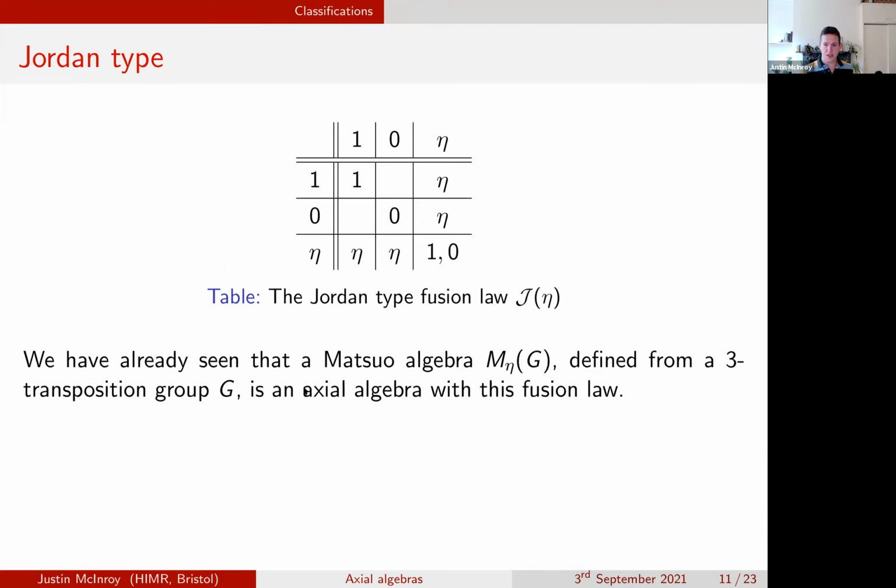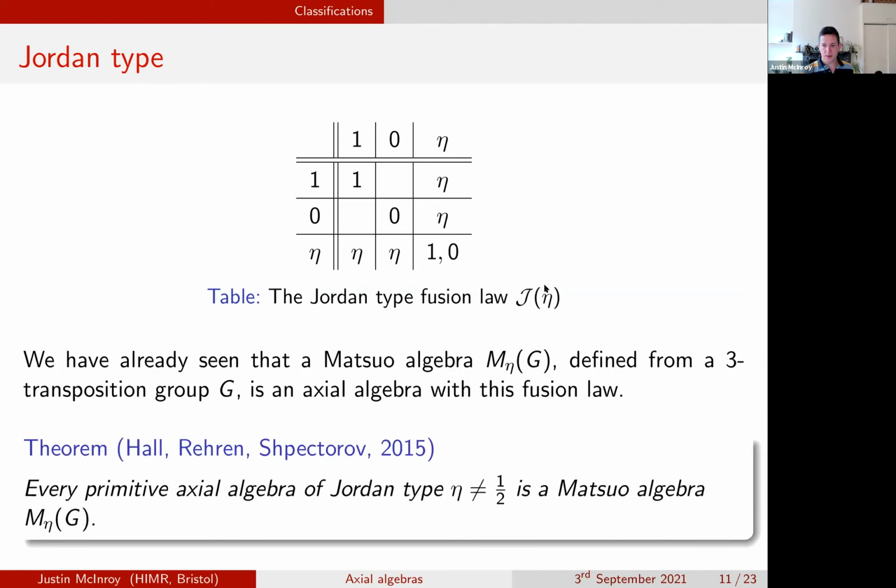The claim was that these are axial algebras of Jordan type eta, and that was actually one of the exercises for you. And actually, there was this theorem by Hall, Rehren, and Shpectorov, which says that every primitive axial algebra of Jordan type eta, where eta is not equal to a half, is one of these Matsuo algebras.